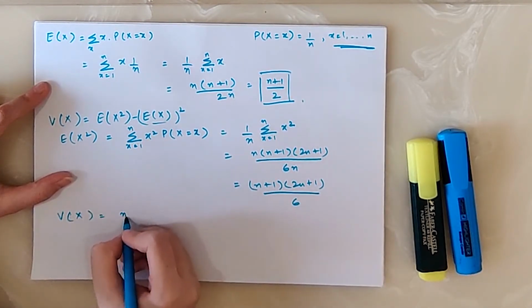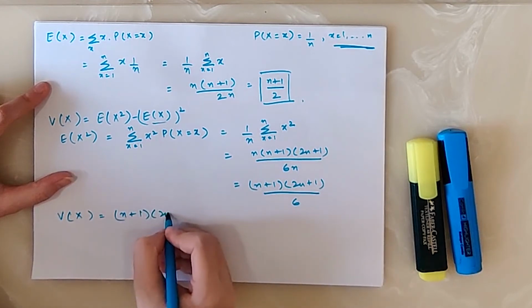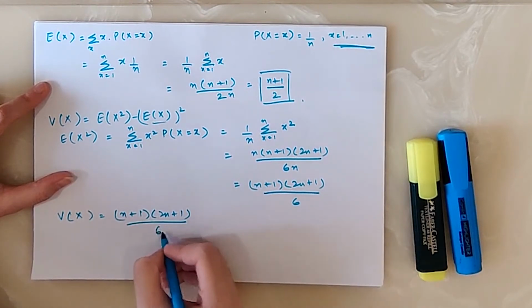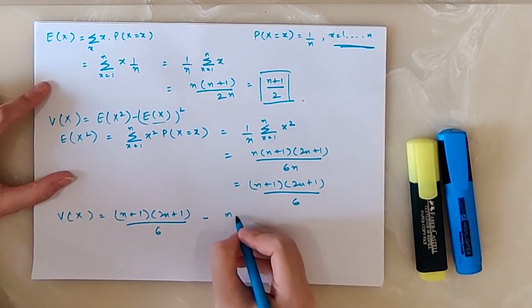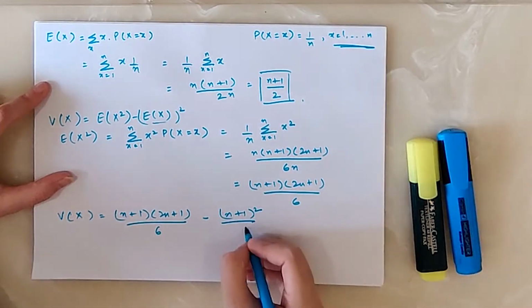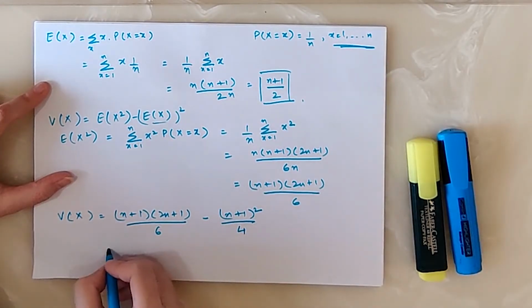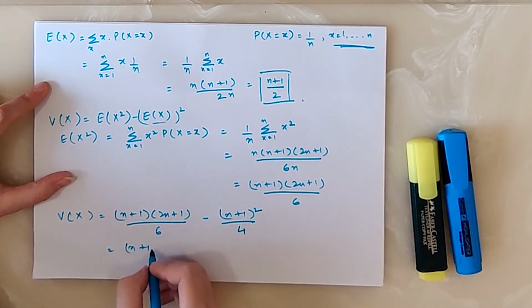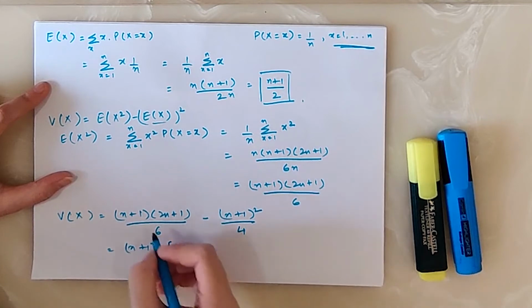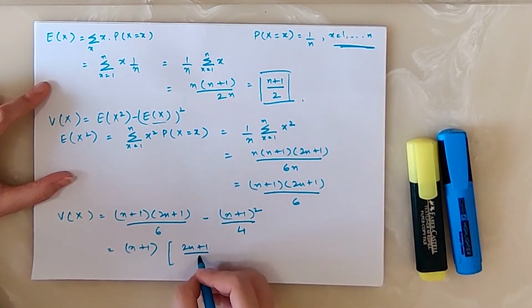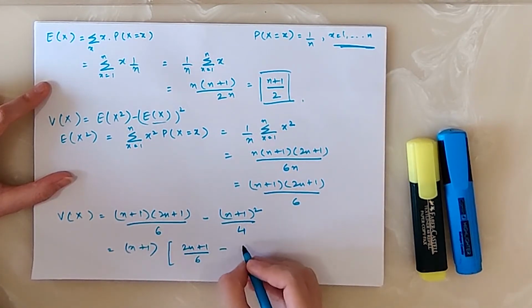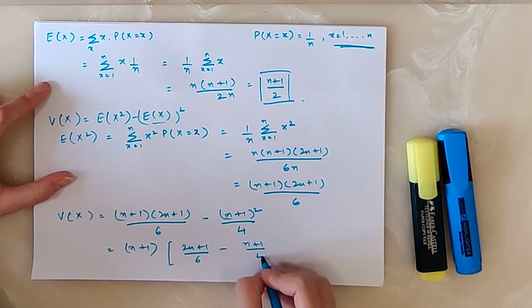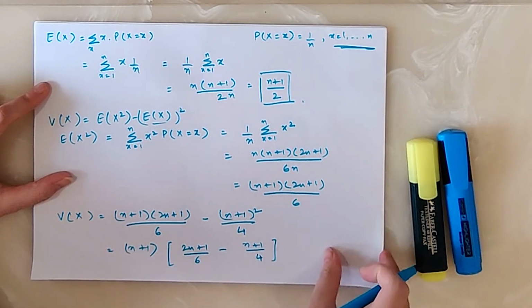Now the variance of X is given by n plus 1 into 2n plus 1 by 6 minus n plus 1 whole squared by 4. Taking n plus 1 out since it is common in both terms, we get 2n plus 1 by 6 minus n plus 1 by 4.